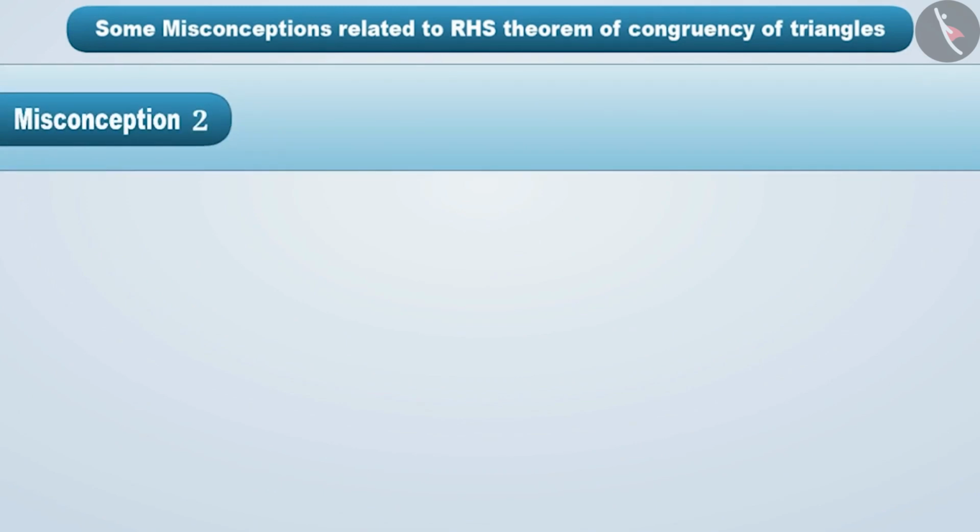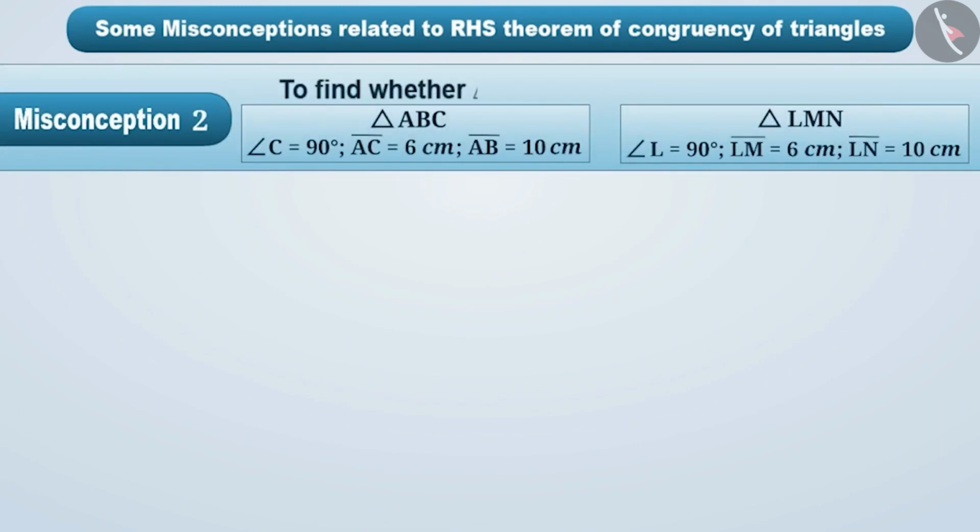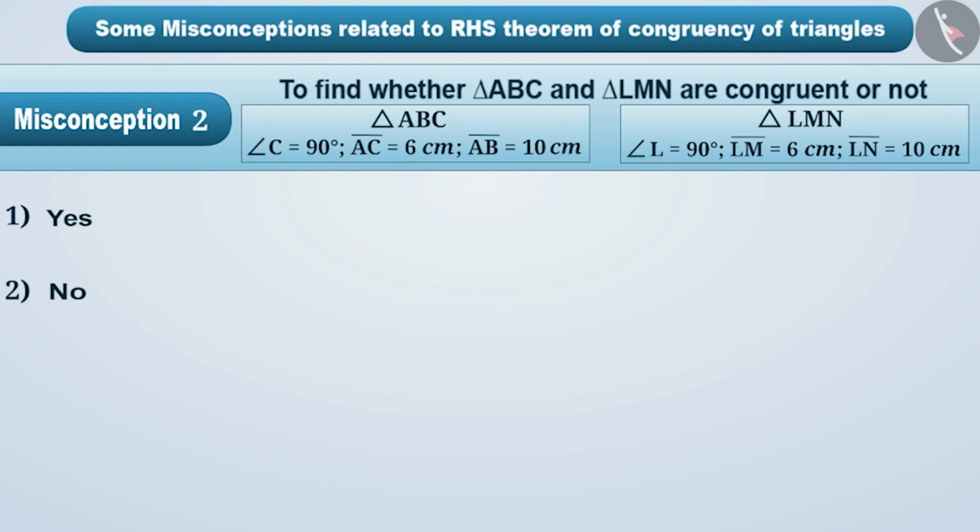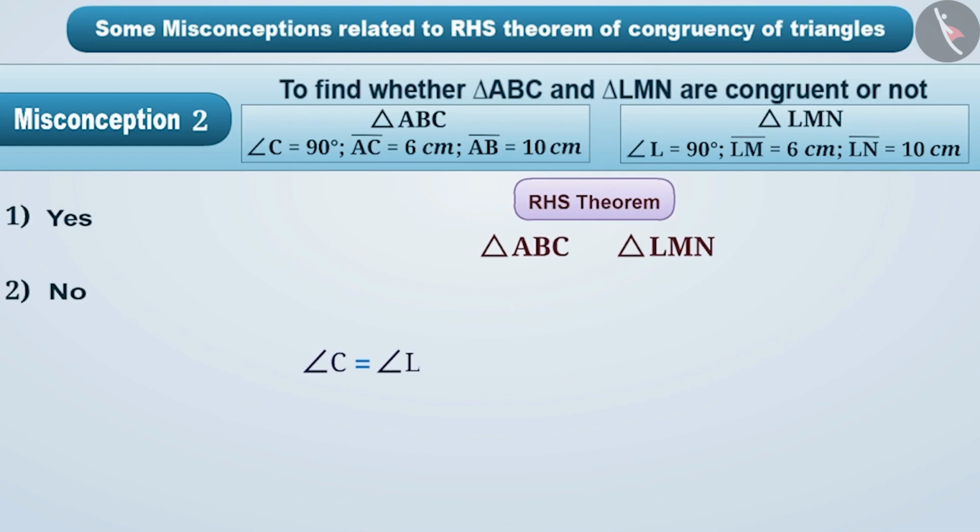Misconception 2. Find out whether triangle ABC and triangle LMN are congruent or not. Some children are aware of the RHS theorem but are unable to use it properly. Like here in triangle ABC and triangle LMN, we see that angle C is equal to angle L is equal to 90 degrees.